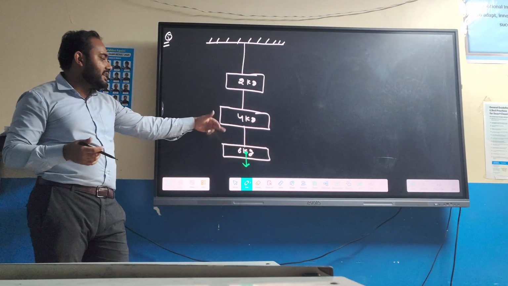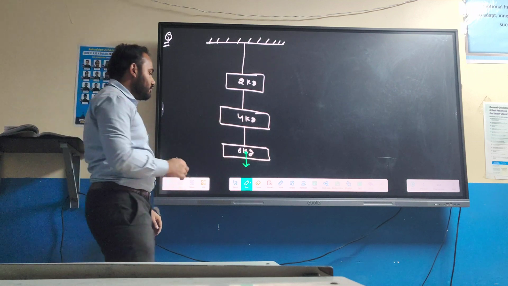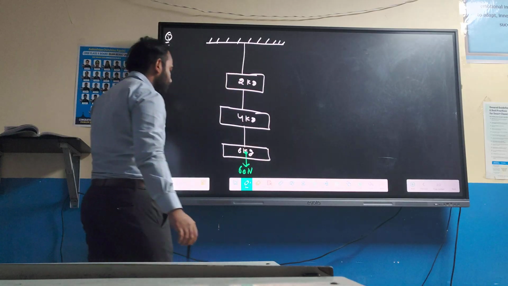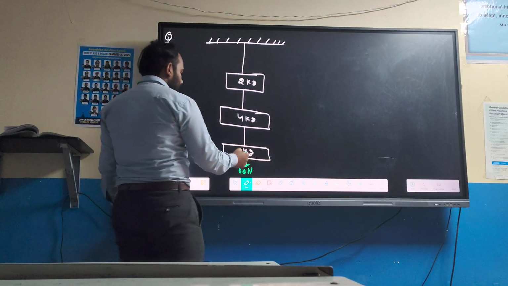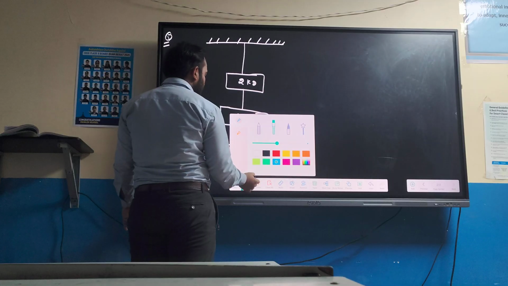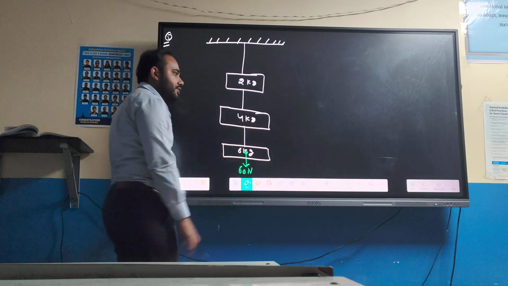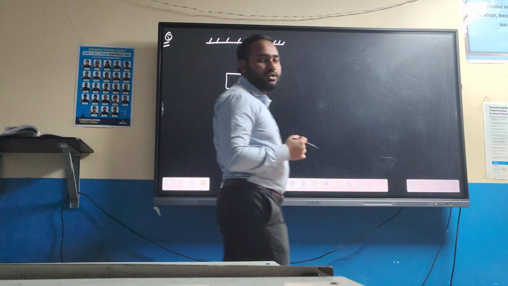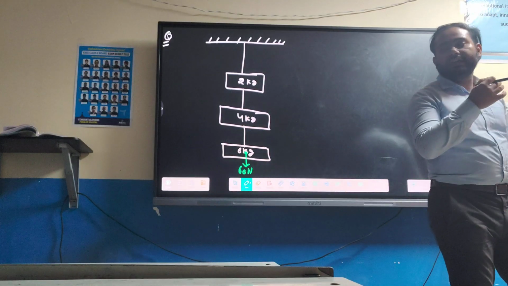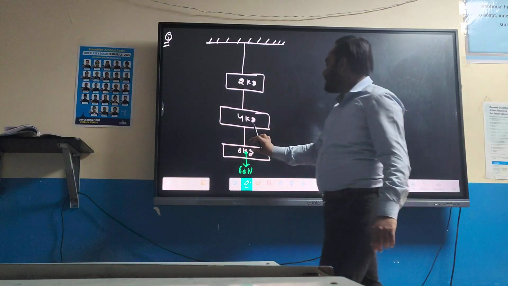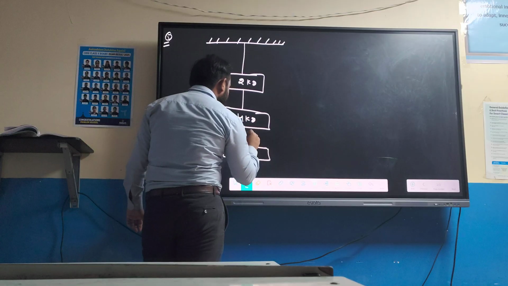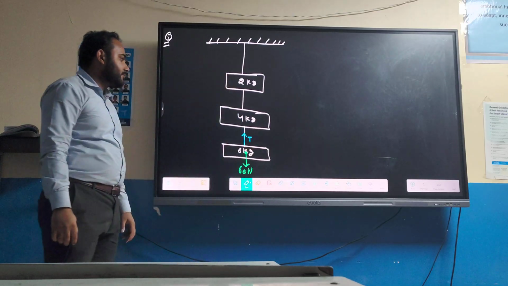Here the mass is 6 and taking the gravity value as 10, the gravitational force will be 60 Newton. And the 6 kg block is connected to a string, and the string will apply a tension force on this block. The nature of the tension force is always pulling, meaning this 6 kg block will experience a tension in the upward direction.